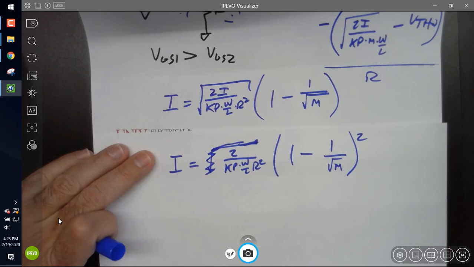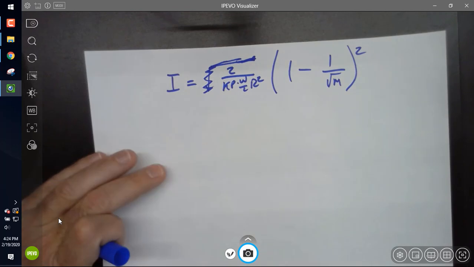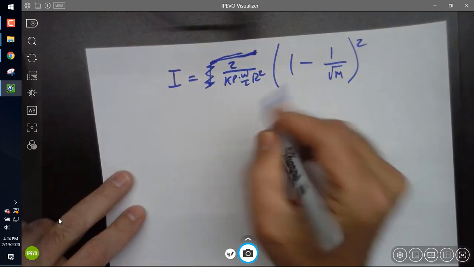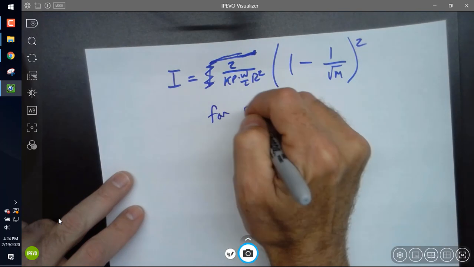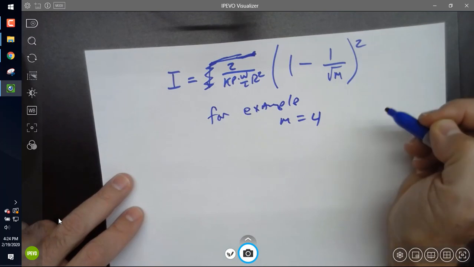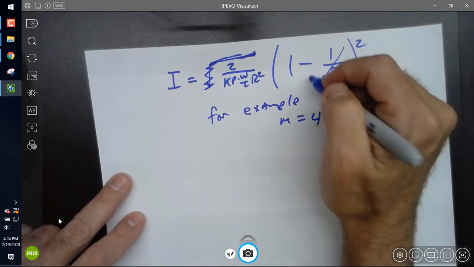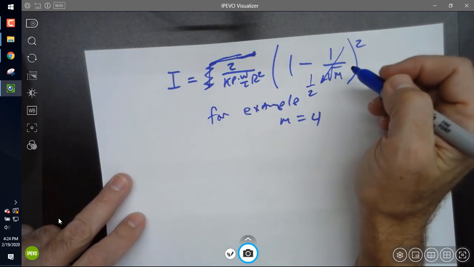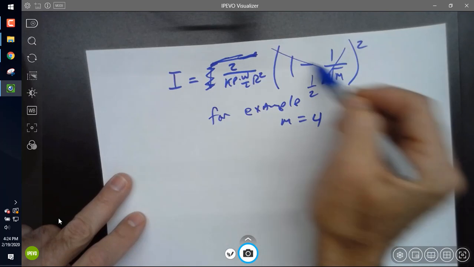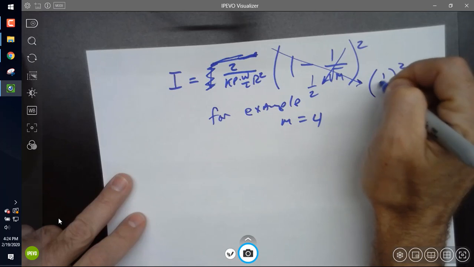Victor P., you good? All right. So now, let's just say, for example, M equals 4. What does this become? Right? And then what is 1 minus 1/2? 1/2.